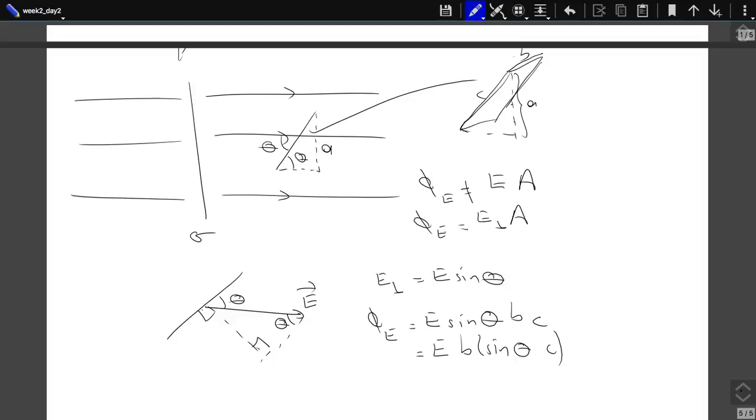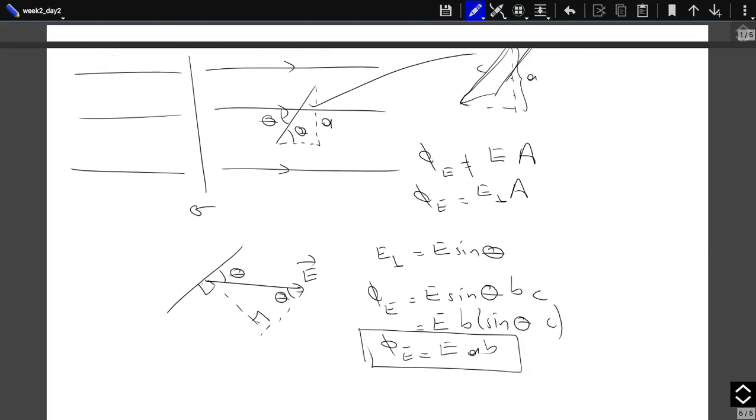C times sine theta is nothing but A. So the flux of this new area and the flux of the previous area are identical.